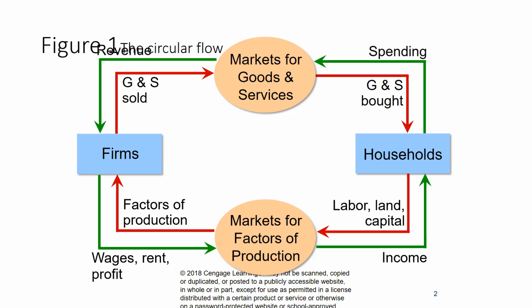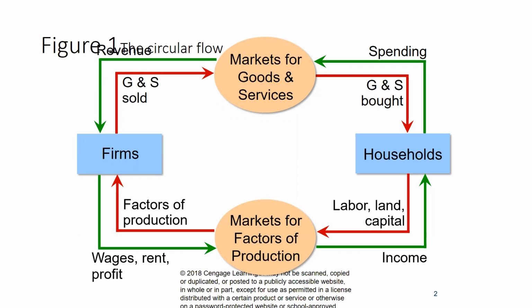If you look at the inner red circle, that's how the product flows through the economy. And the green outer circle is how the money flows. So I go to the store, I get a jacket. The goods and services go to the household, and then I pay for the jacket. That's how the money flows to the firms.